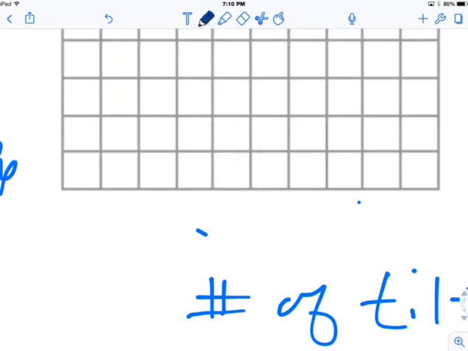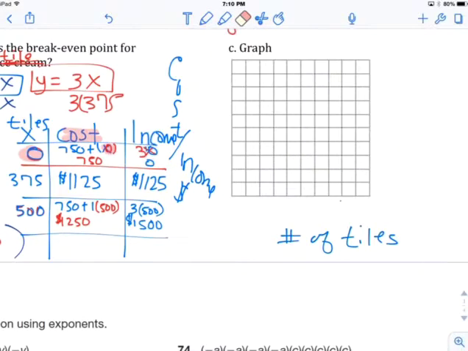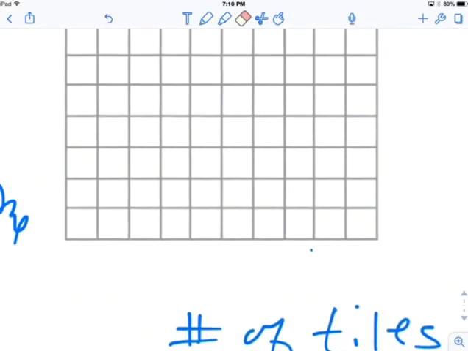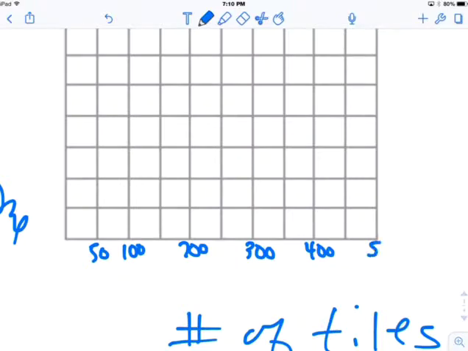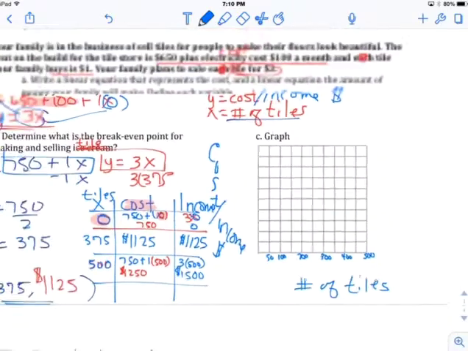That means if I do 250, this is 500, right? No, we want 500. What am I thinking? 100, 50, 50, 50, 100, 150, 200, 250, 300, 350, 400, 450, 500.